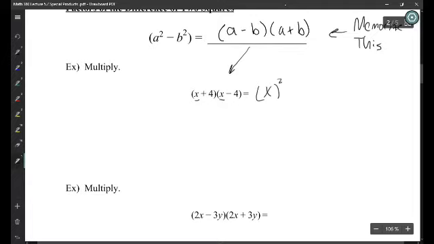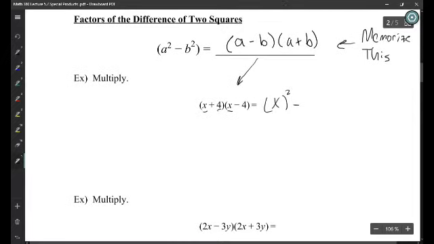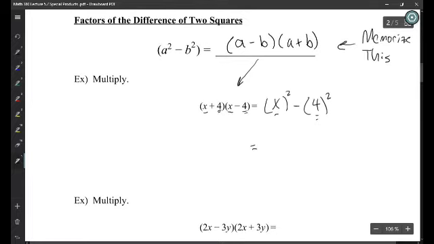Square it. Minus sign. And then whatever we have in the second position. And we square that. Then we get x squared minus 16.